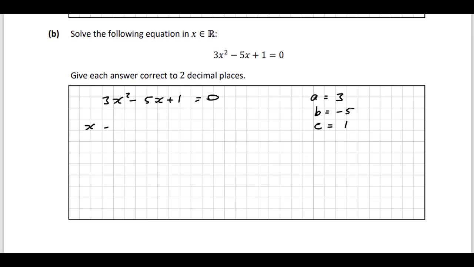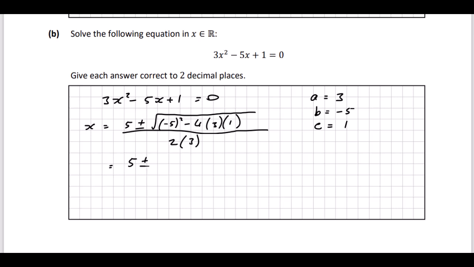So x is equal to minus b, so it's minus minus 5, which is plus 5, plus or minus the square root of b squared, put it in brackets, minus 5 squared, minus 4ac, minus 4 times a is 3, c is 1, and then underneath in the bottom part it's twice a, so it's twice 3. These are your answers here.